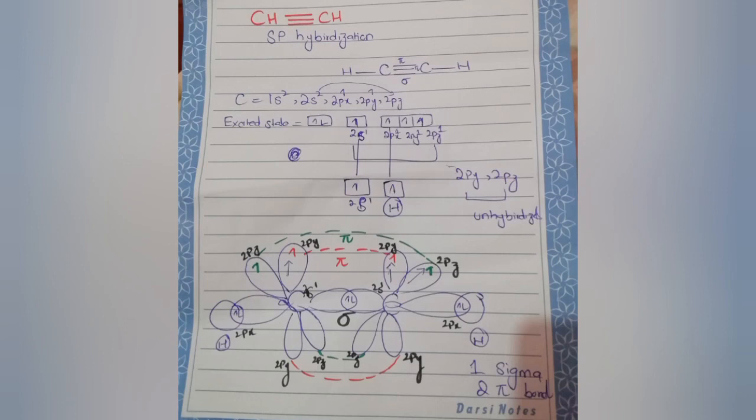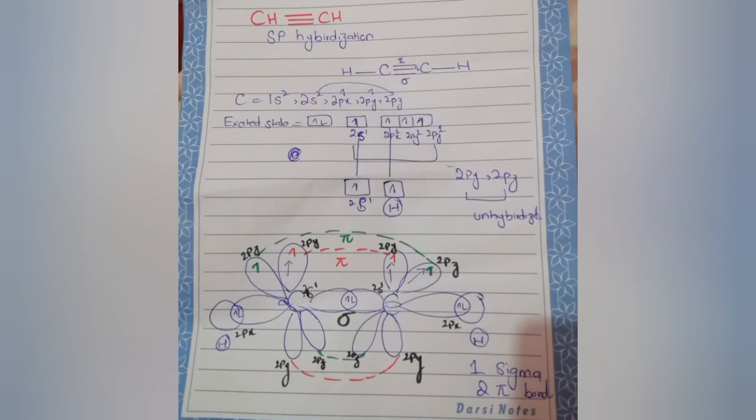To understand the pi bond formation, first look at the electronic configuration in the ground state. There 2px and 2py have an unpaired electron. In the excited state, you can see 2s, 2px, 2py and 2pz have an unpaired electron. Now the 2s orbital of one carbon atom can make a sigma bond with the 2s orbital of the other carbon atom. 2px of the carbon atom can make a bond with a hydrogen atom, and the second carbon with the other hydrogen atom.